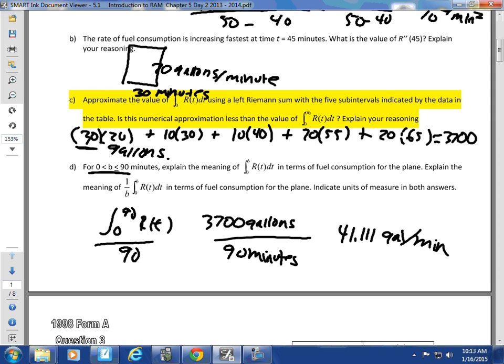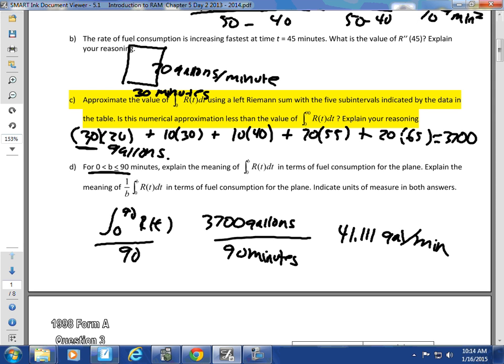Yeah. So the 41.111, is that also going to work with the mean value theorem, as in someplace on the graph there is 41.1? Sure is. The mean value theorem is going to say, and it's actually a different mean value theorem, because there's two mean value theorems. There's one for derivatives and there's one for integrals.